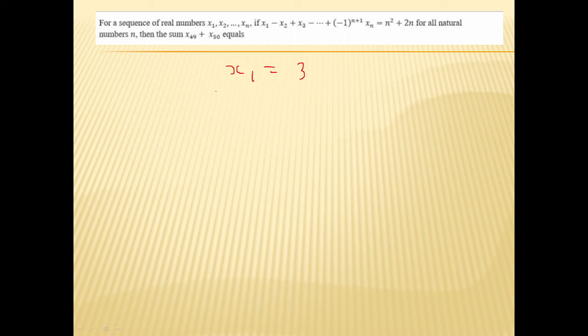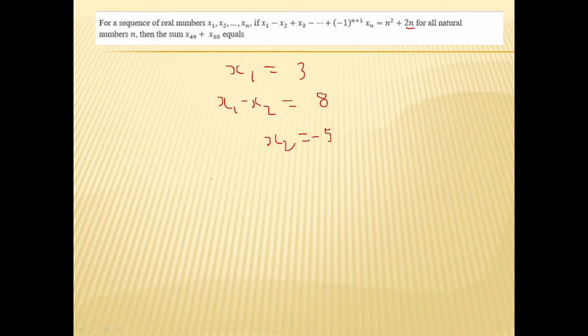Now the second one, x1 minus x2 equals 2 square plus 2 plus 2, which is 8. So x2 will be minus 5.